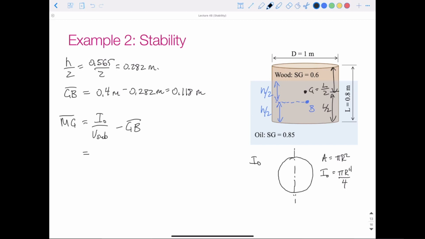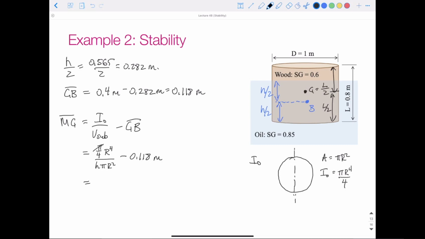So this is equal to pi over 4 r to the power of 4 divided by our submerged volume, which would just be h times pi r squared, minus GB, which is 0.118 meters.